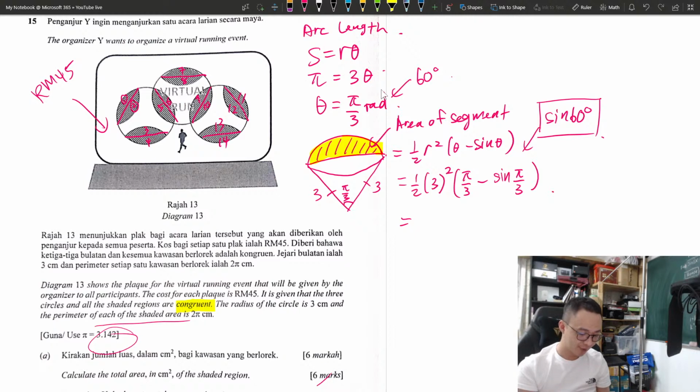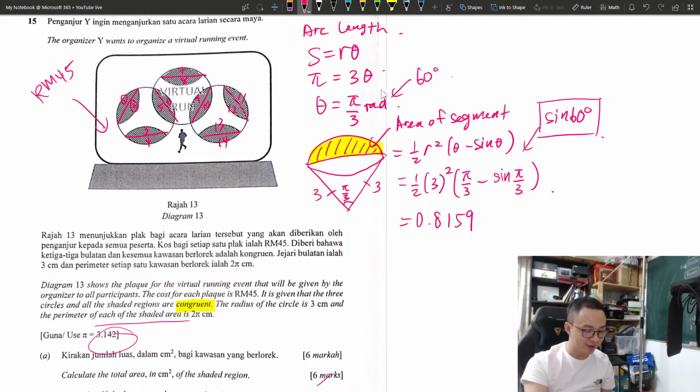Okay, let's do it. 1 over 2 times 3 squared, which is 9, times 3.142 over 3 minus sine 3.142 over 3. So you will get 0.8159. You get a very accurate answer, so I will just put 4 decimal places first.